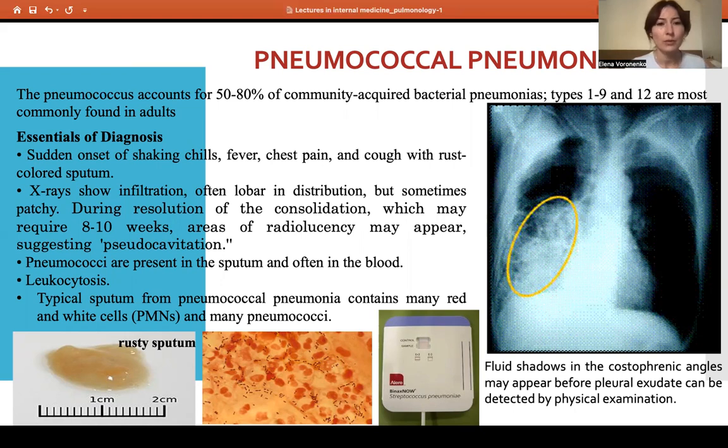X-rays show infiltration, often lobar in distribution, but sometimes patchy. During resolution of the consolidation, which may require 8 to 10 weeks, areas of radiolucency may appear, suggesting pseudocavitation.